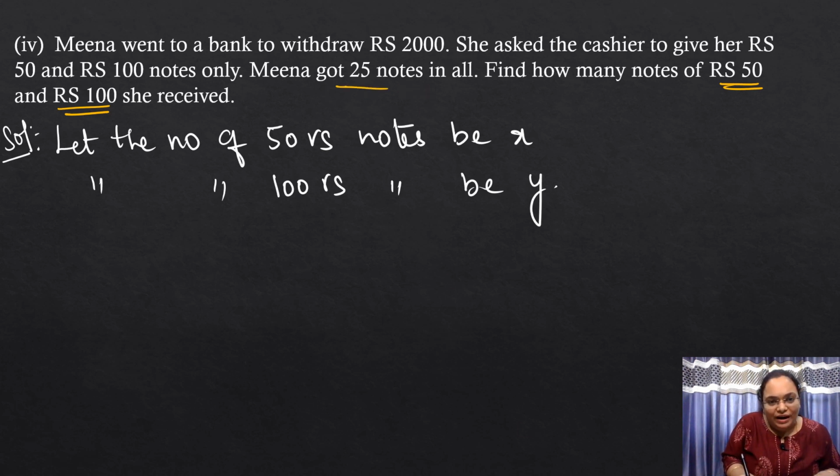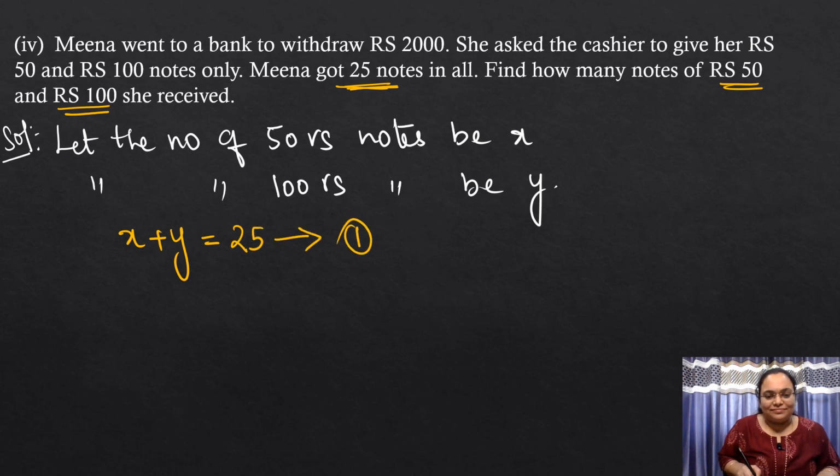What are the 50 rupees notes we have assumed? It is x. And the 100 rupees notes we have assumed? It is y. What is the total number of notes she received? It is 25. This is equation number 1: x plus y is equal to 25.